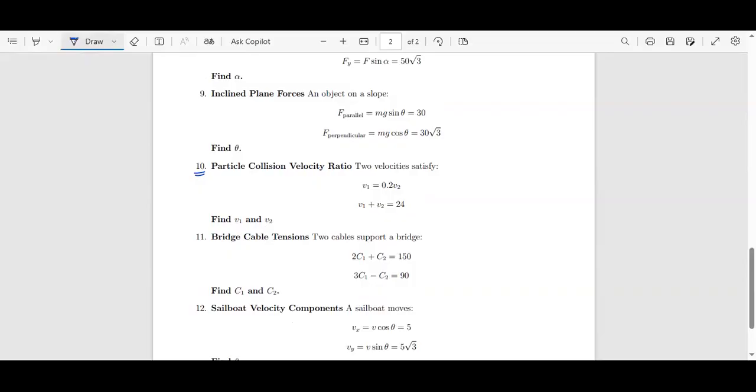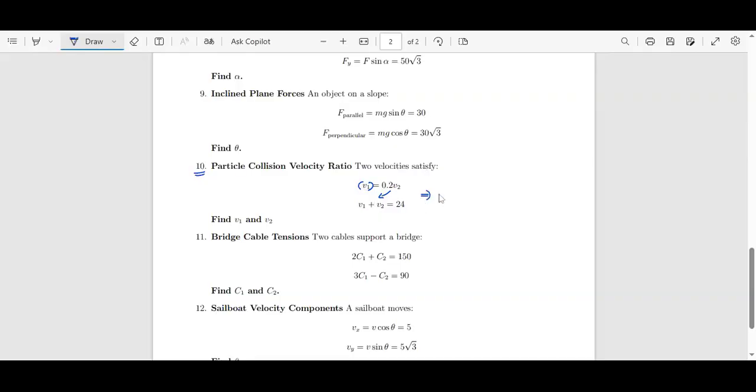So what we can do is, instead of trying to solve it in other ways, I can just insert 0.2 V2 into this equation. How am I going to do that? V1 equals 0.2 V2, so instead of V1, I can use 0.2 V2.